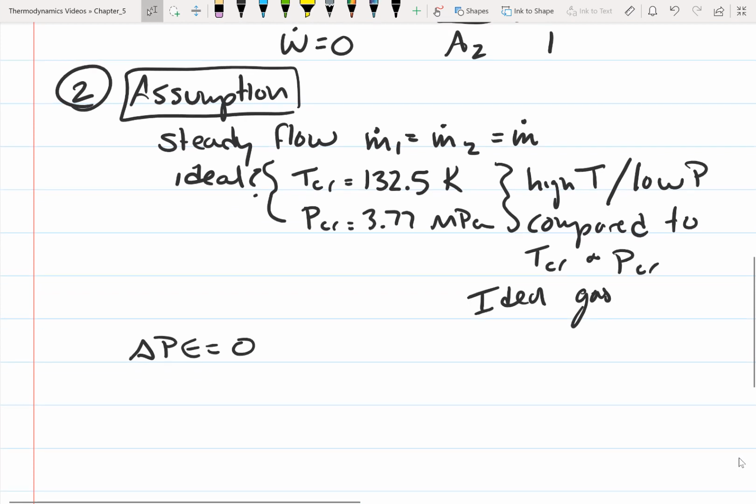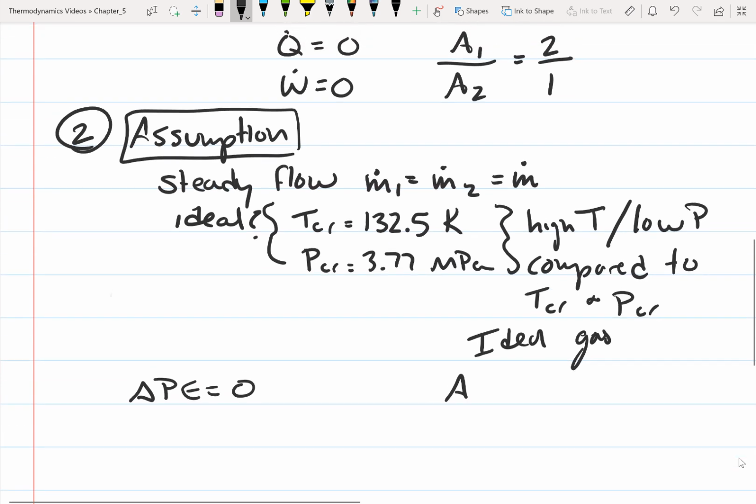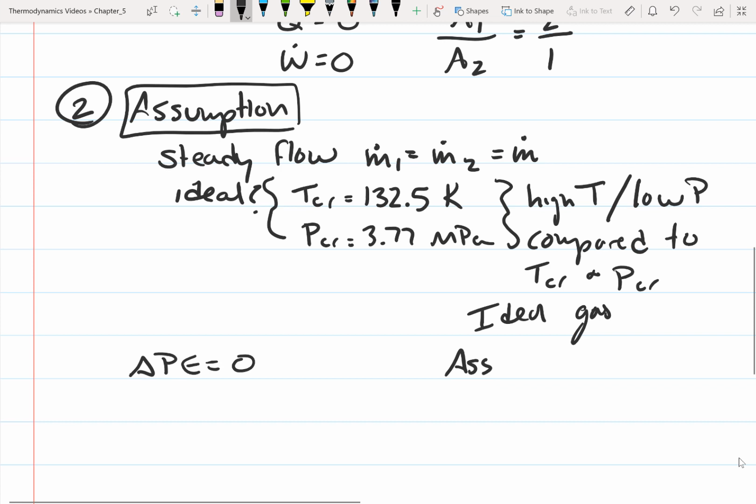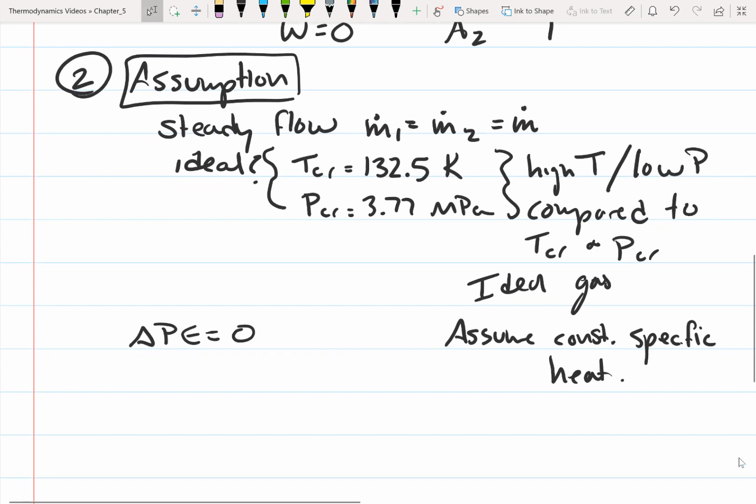We could also assume constant specific heat because we have an ideal gas, so assume constant specific heat. I think that's all of the assumptions for now.